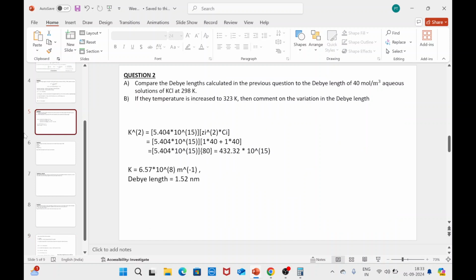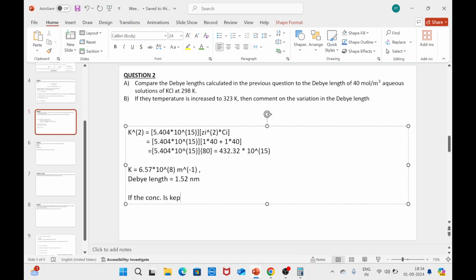So the question is, you can conclude this: if the concentration of the electrolyte ion is kept the same, then the Debye length decreases with the valency of the ion.